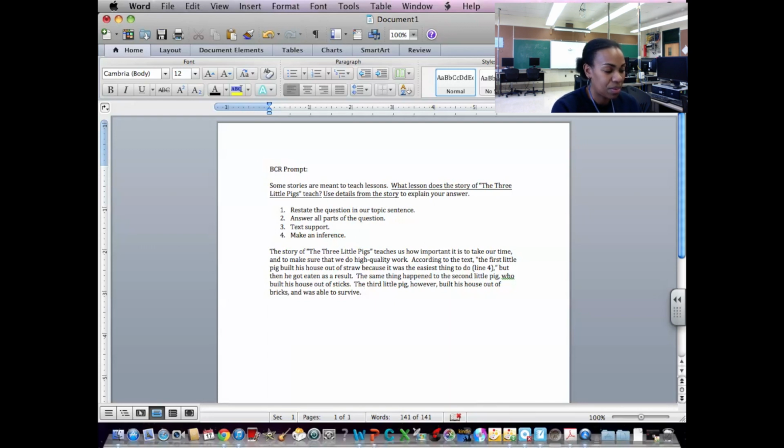So I agree with the lesson that this story teaches us because taking pride in our work gets us the best results. And then bam, there we go. We have a 3. So that is a quick and easy way to write a BCR. We're going to go over it more in class, but make sure that you keep these 4 steps in your mind anytime you have to write a BCR, and that will help you get a high score.